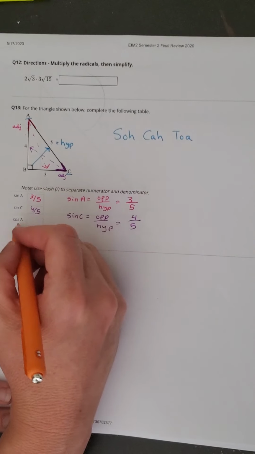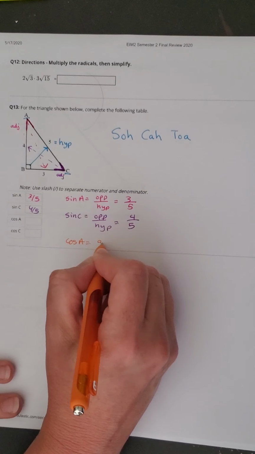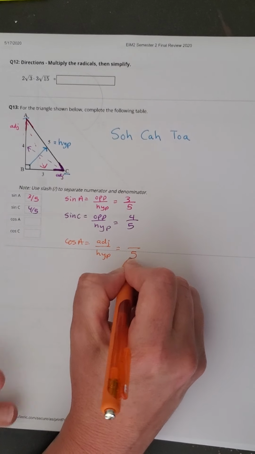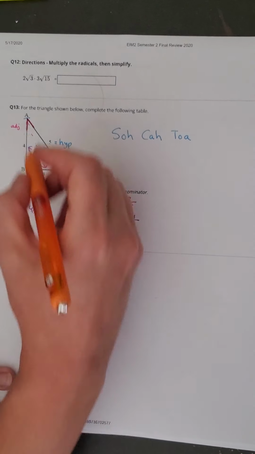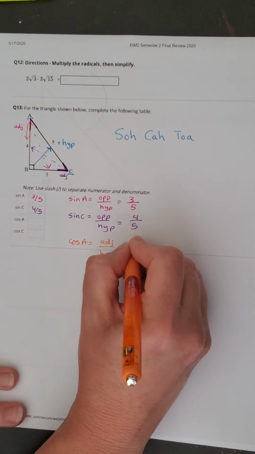And then cosine A. So cosine A is adjacent to hypotenuse. So again, my hypotenuse is still going to be 5, but adjacent to A. So if I'm at A, adjacent is right here, 4.